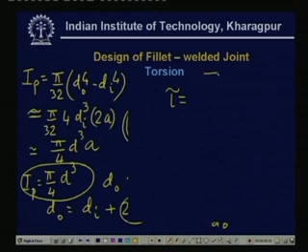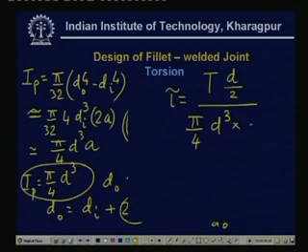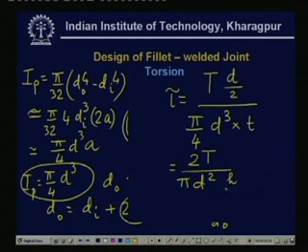Tau will be equal to T times d by 2 divided by pi by 4 d cube, and if you use the same notations, then this will be equal to twice T by pi d square times h by root 2, and this is the shear stress due to torsion, and that must be less than or equal to tau allowable.